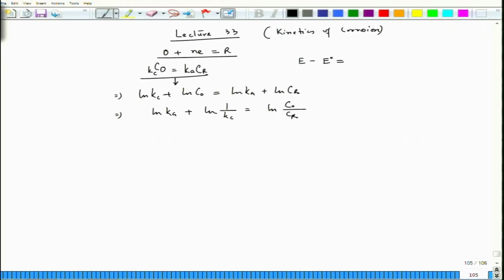equal to RT by nF ln C_O by C_R, which is the concentration of oxidant divided by the concentration of reductant.